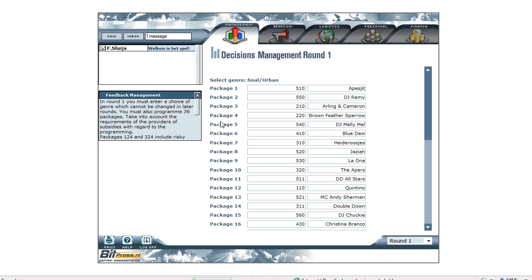There are 39 evenings for which you have to program a package, and which package to program depends on the genre you've chosen for your Poppodium, but also on a couple of other factors. In round 1 you must enter a choice of genre which cannot be changed in later rounds, and you must also program 39 packages. You have to take into account the requirements of the providers of subsidies with regard to the program.